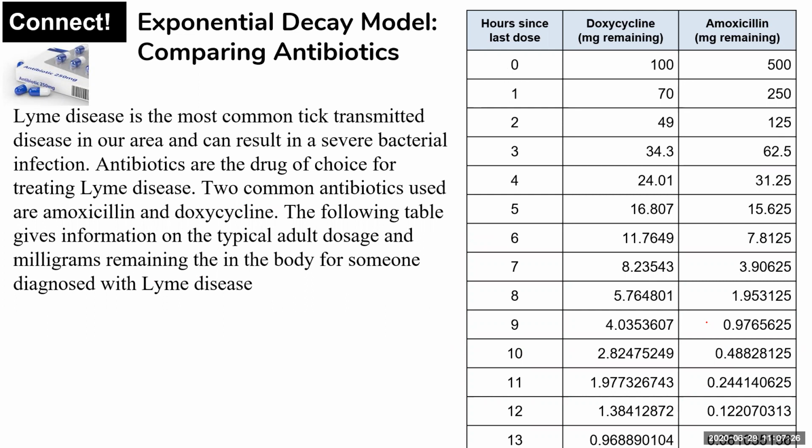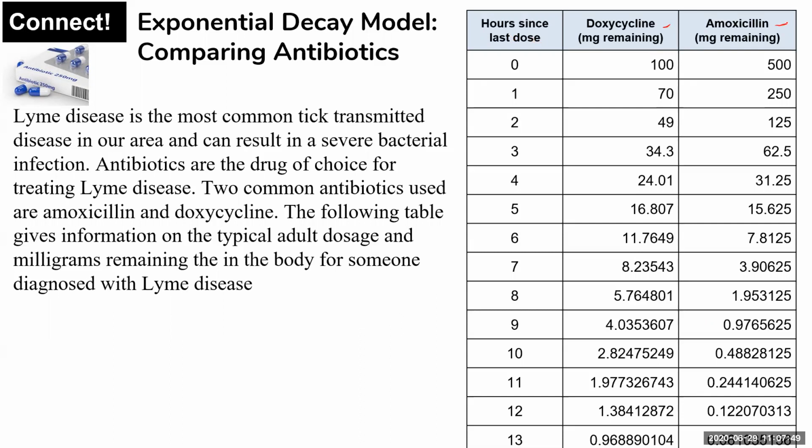And this is the example I gave at the beginning, right? So, exponential decay model comparing antibiotics. Is that okay? So right here on this table, we have hours since last dose, and then we have doxycycline and amoxicillin.